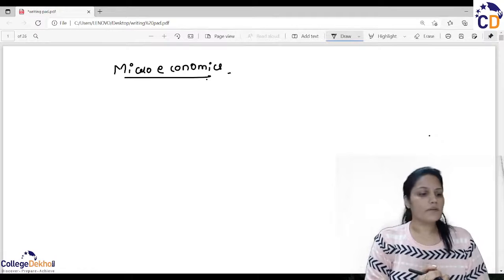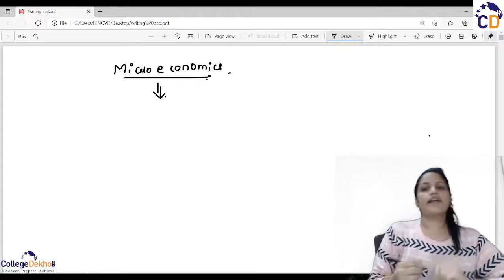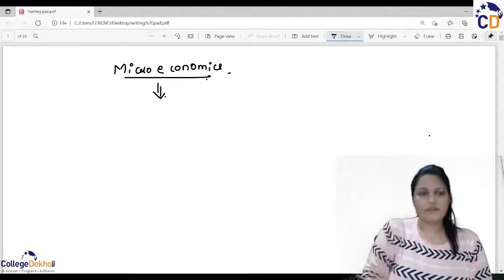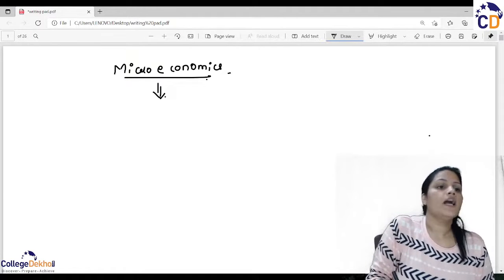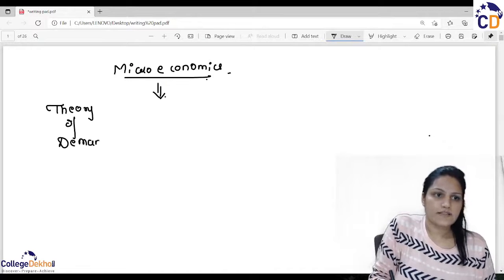Under the term microeconomics, we will definitely understand first two points, all about the internal portion. Here, what we have to study is the theory of demand. Next is supply.